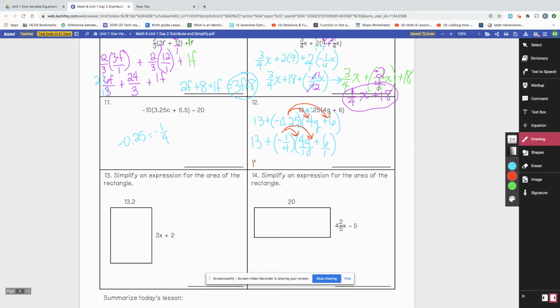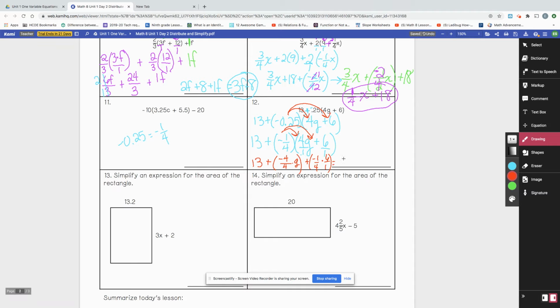It's going to look like 13 plus, I have negative 1 times 4, which is negative 4. 4 times 1, which is 4. They're still multiplied by g. Now, I also have to remember to take that negative 1/4 and multiply it by 6 divided by 1. Okay.